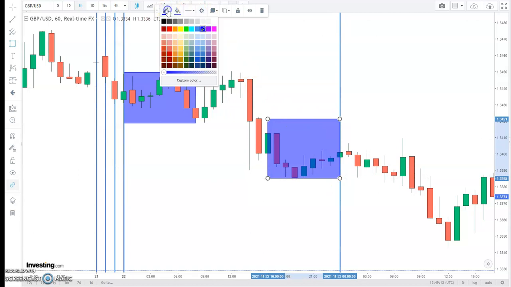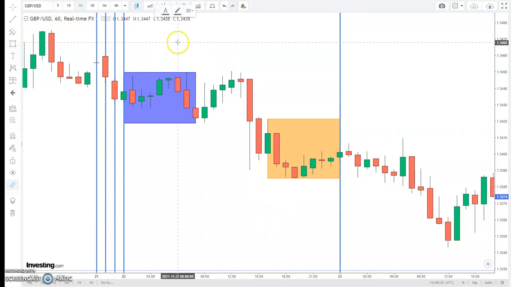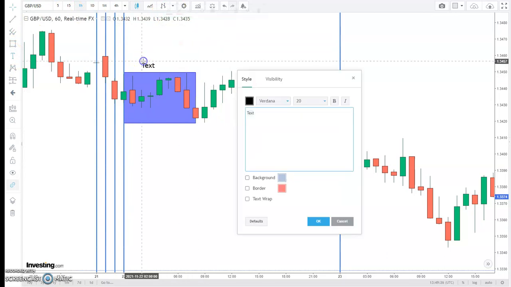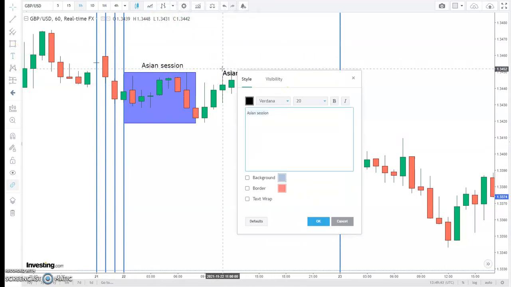Let's change the colors so that you can see it clearly. So if you then want to understand it better, this is the Asian session. This is the UK session.